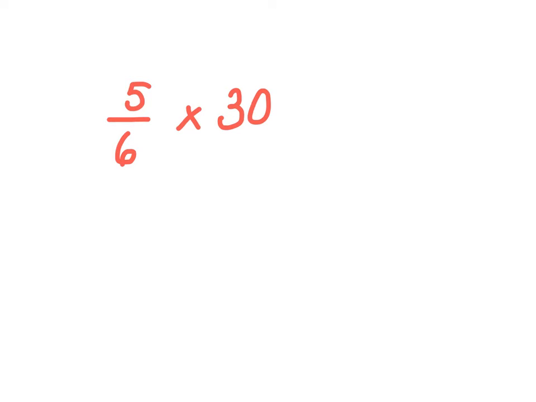So if we have this problem, 5/6 times 30, that means what is 5/6 of 30? So if I were going to draw a model, I'm going to show 30 total objects, and they are going to be in 6 rows. So bear with me while I do this. There are my 6 rows.